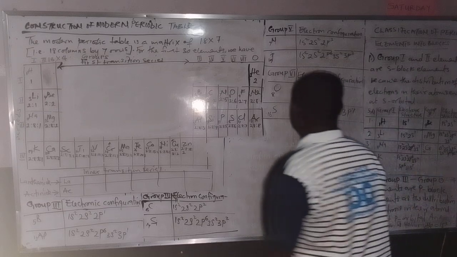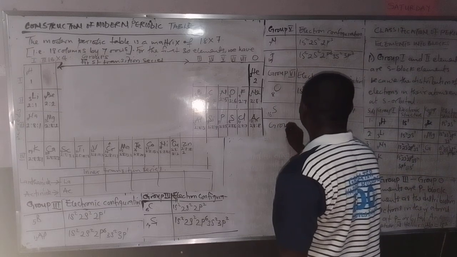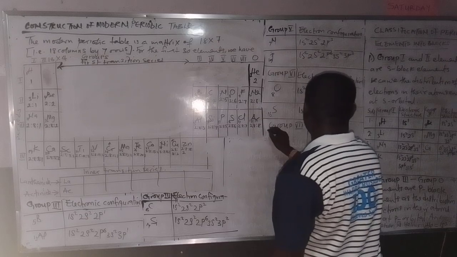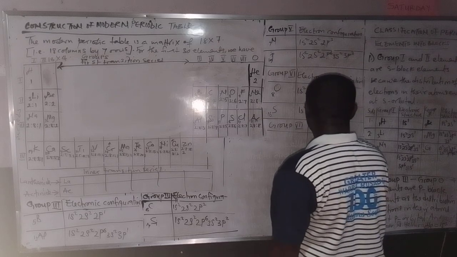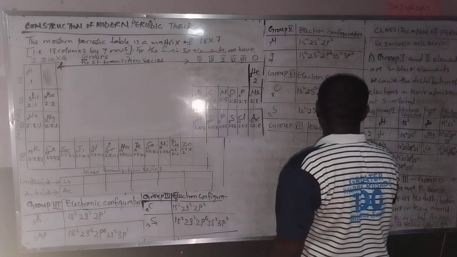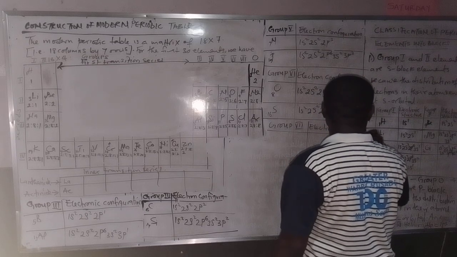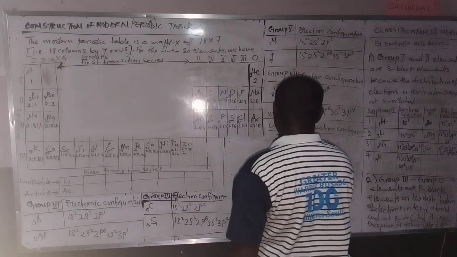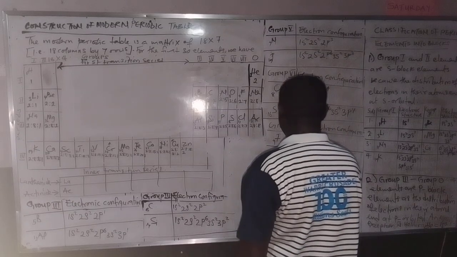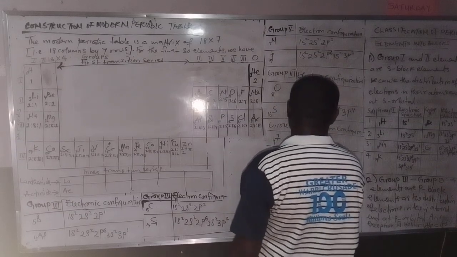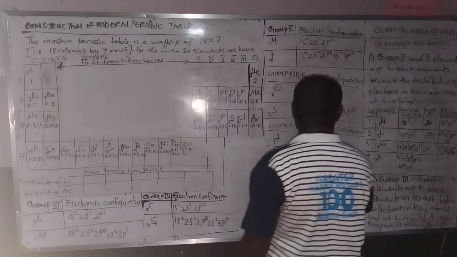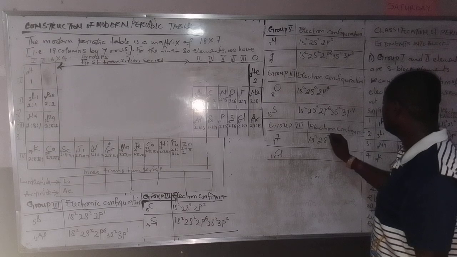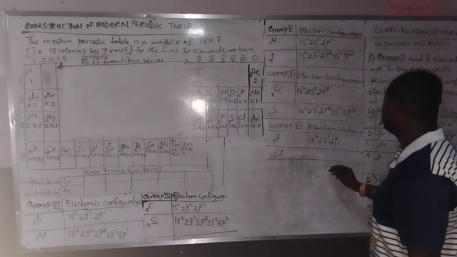Then the next one, we go to group 7. Group 7, and look at the electron configuration. Now, in group 7, I have fluorine, for example, F 9, and I have chlorine Cl 17. For this one, I have 1s2, 2s2, then 2p what?